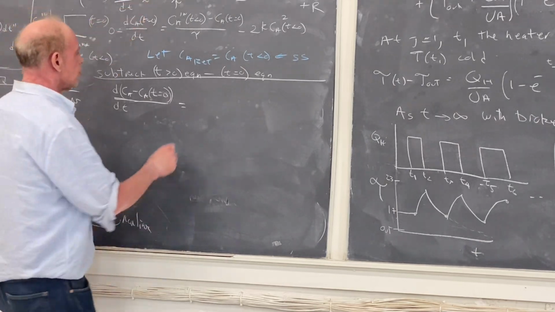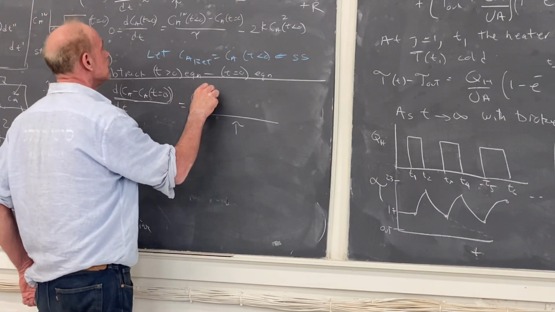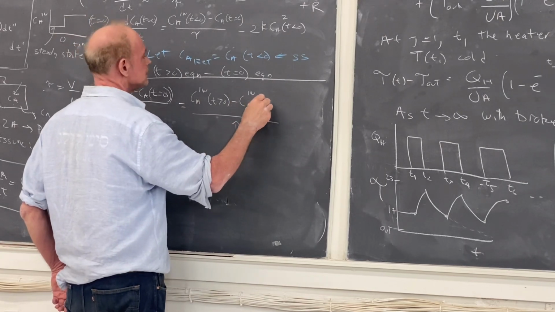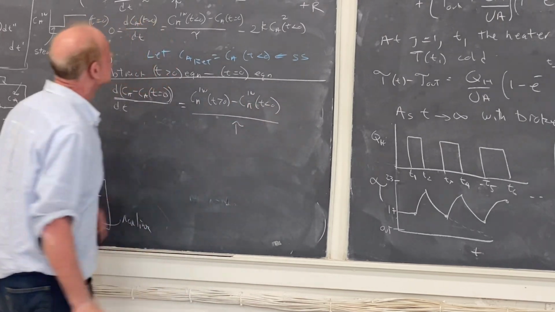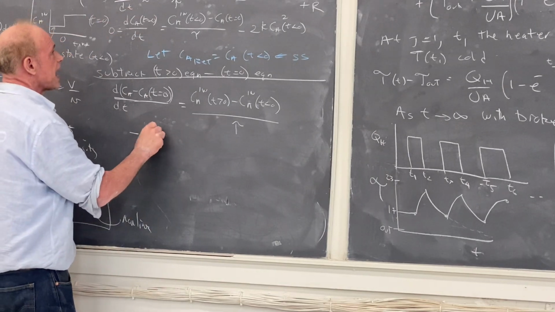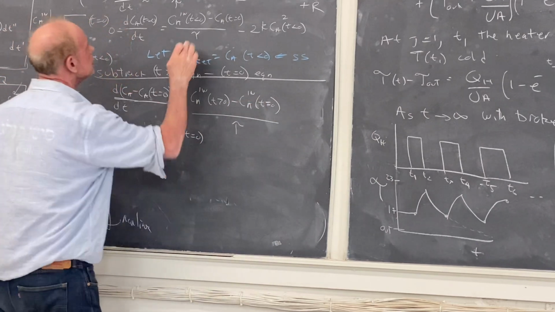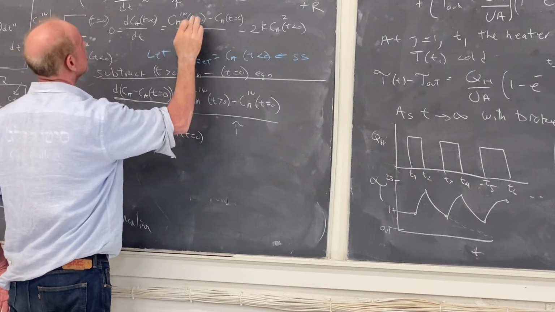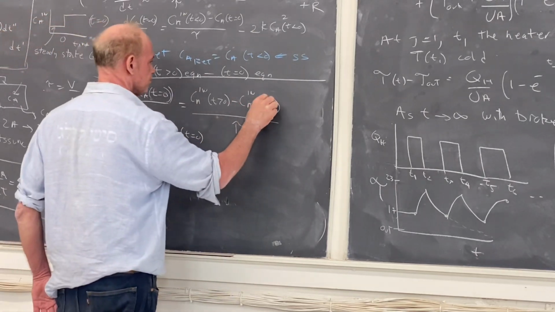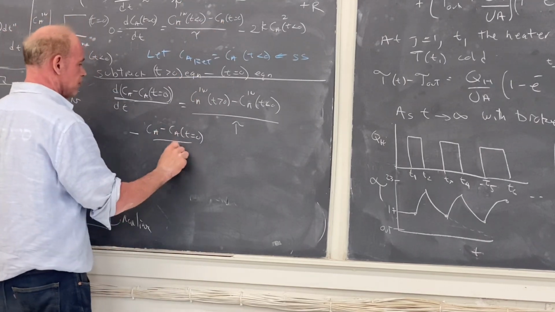Here I have 1 over tau, and here I have CA in t greater than 0 minus CA in t less than 0. That's this guy minus this guy. And then I subtract CA minus CA at t less than 0, divided by tau.